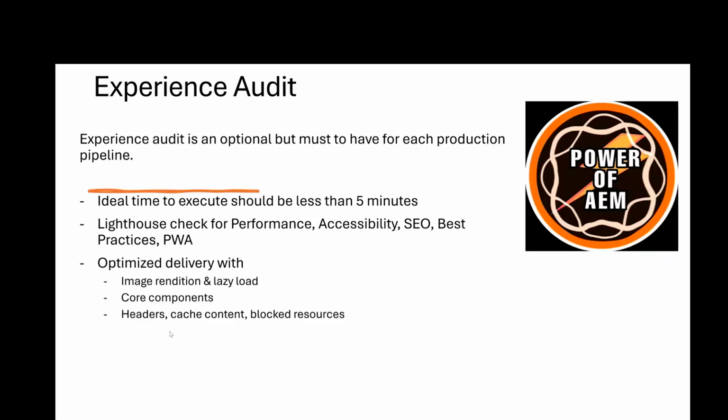So I would suggest to at least have that. Even if you have any console errors and are not regularly checking, this tool will explain which headers and which resources are blocked. Everything you can get from this particular step.